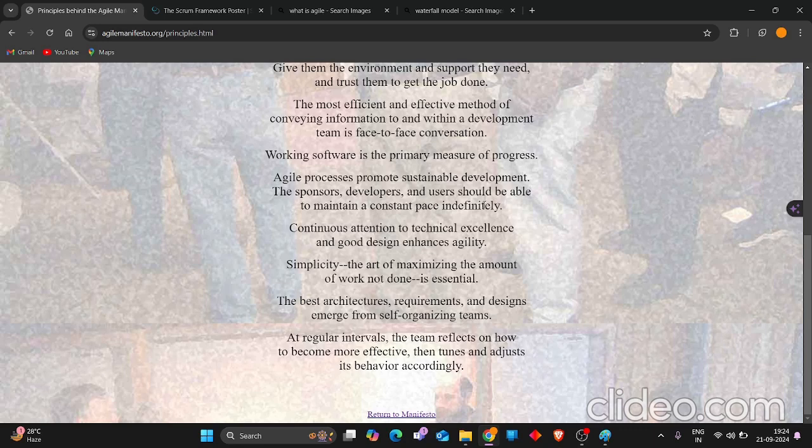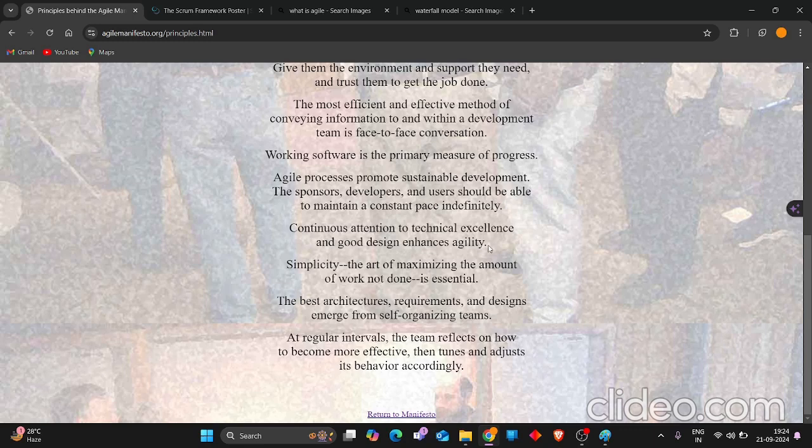They should know each other's advantages and disadvantages. Then only the software could be possible. Continuous attention to technical excellence and good design enhances agility.